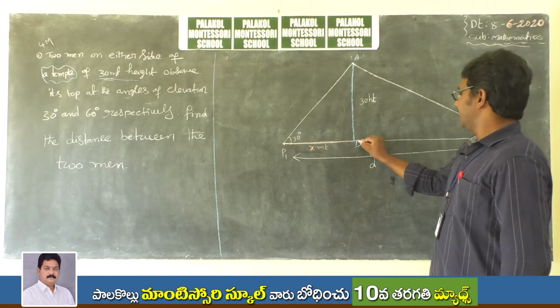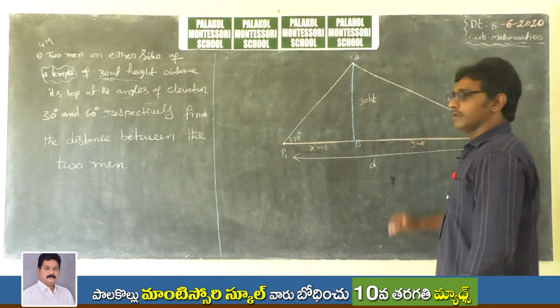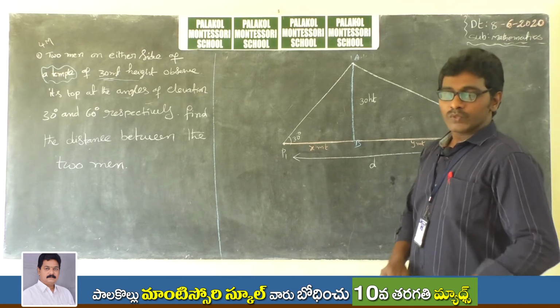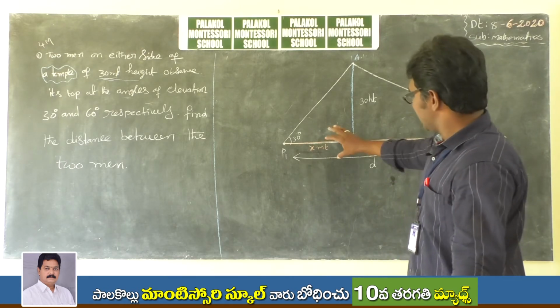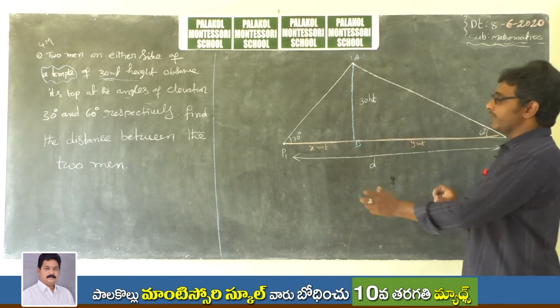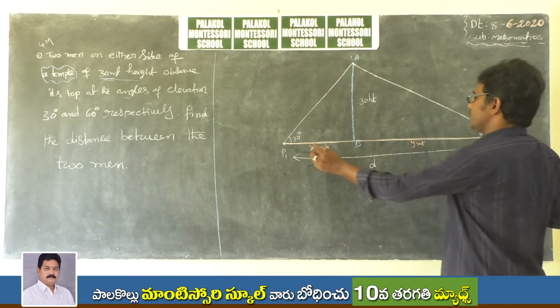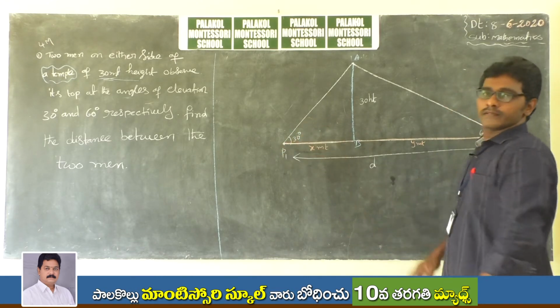Next I take this distance as y meters. Step by step, you find first x meters, next y meters. After that add x plus y, and you get the distance between these two persons.